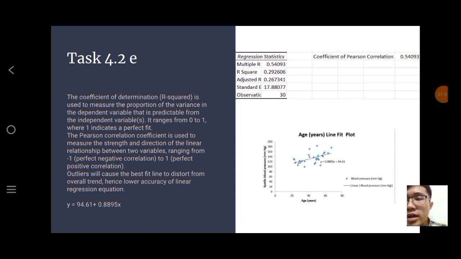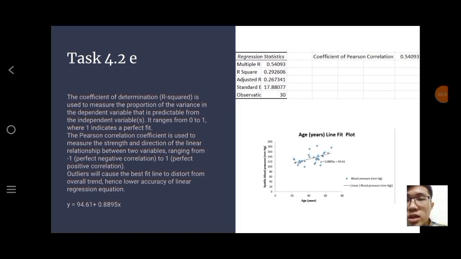The outlier will cause the best fit line to distort from the overall trend, and hence lower the accuracy of the linear regression equation. In the table on the right, you can see that when the outlier is too far away from the overall trend, the best fit line will tend to move nearer to it and cause distortion.